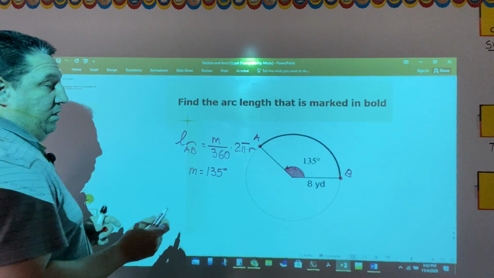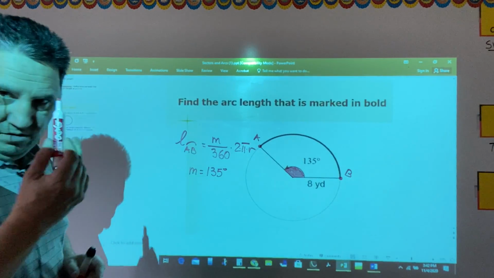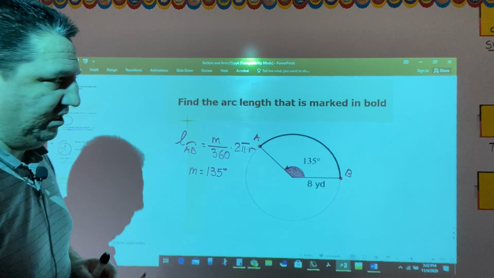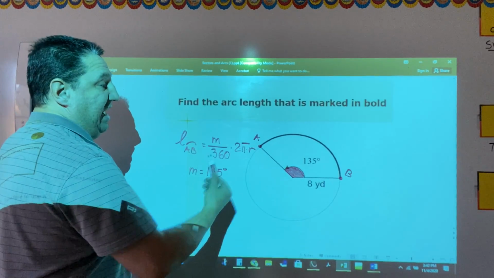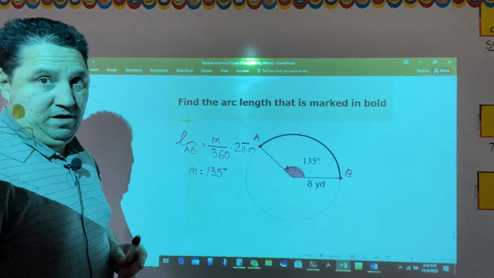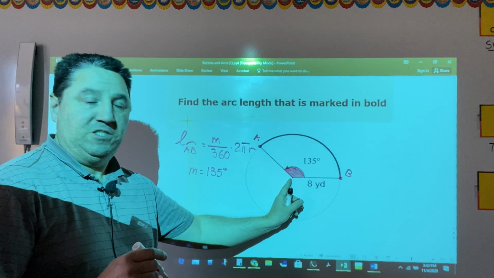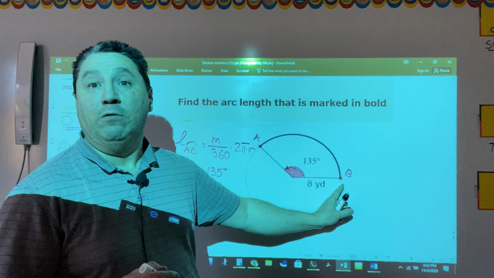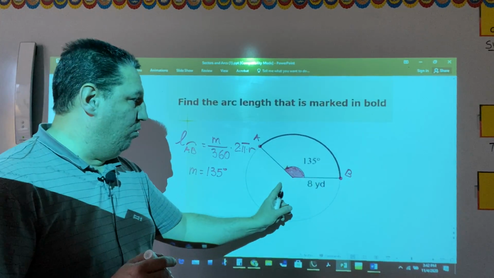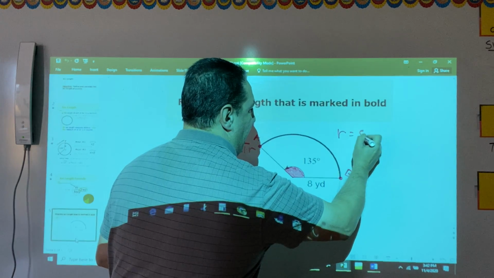Now, to find the length, we still need one more part of the circle, which is the radius. And the radius is 8 yards. Remember, a radius joins the center of the circle and one point on the circle. So, r equals 8 yards.